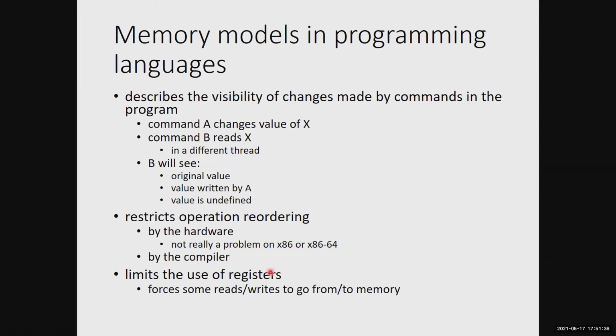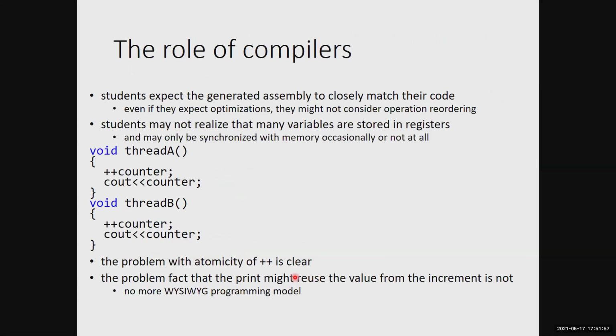It will also happily put stuff into registers and not read the new data from memory, or may not propagate changes to the memory. So the compiler can get you into trouble really fast if you're not careful and if you don't deal with the memory model.